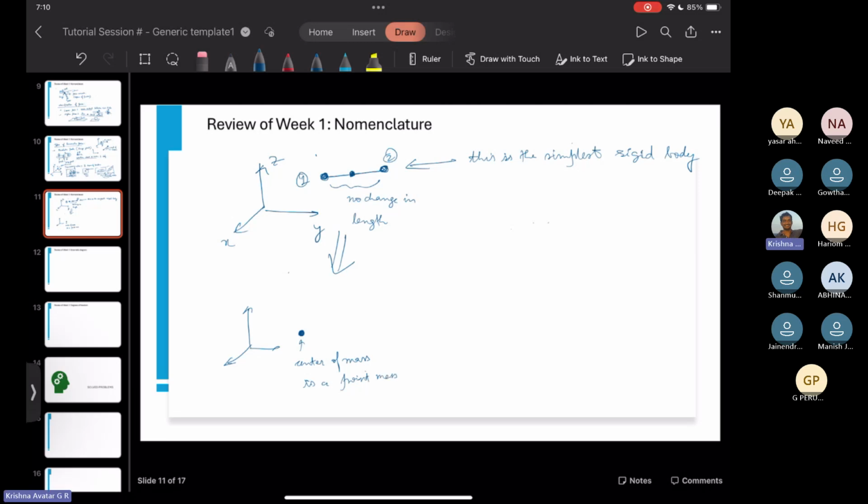As we learned earlier, the types of motion it can have: it has three translations. Three translations are possible. That was for a particle, because since we are concentrating everything at the center of mass, now it becomes a point. It's a point mass and it has 3 degrees of freedom.